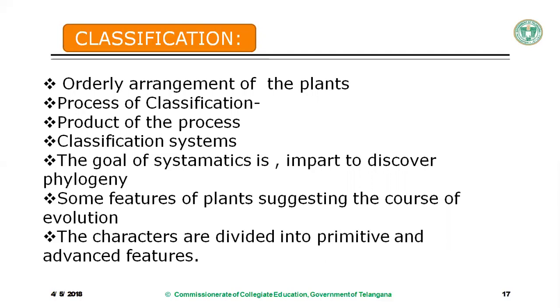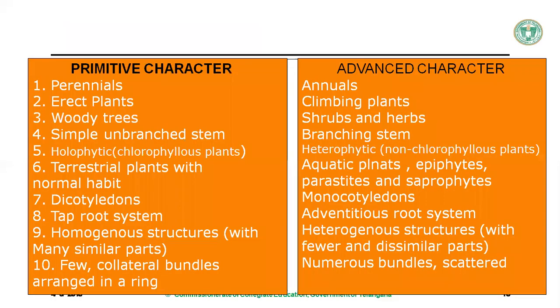Every plant exhibits some vegetative and floral characters. Based on the floral and vegetative characters, we can estimate whether the plant is a primitive one or an advanced one. First, let us list out some characters. These primitive and advanced characters are listed by taxonomists to judge phenotypically whether a plant is advanced or primitive.